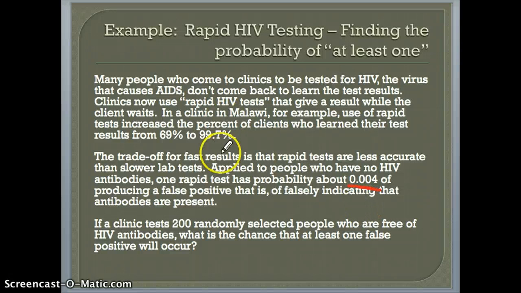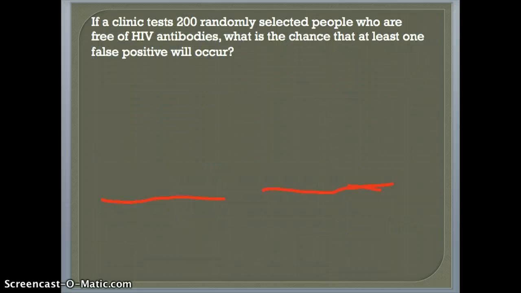I think it's important for us to realize that they're telling us one rapid test has a probability of 0.004 of producing a false positive. So what we're going to have to do, inevitably, is find the probability of at least one false positive.